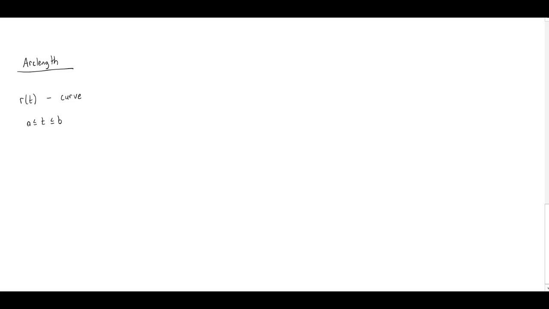Let's say that my curve looks something like this. Perhaps this first point would be r at time a, and this last point would be r at time b. And what we want to do is compute the length of this segment of the curve, all right?